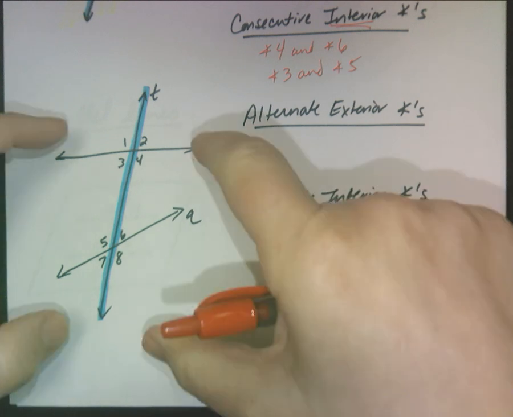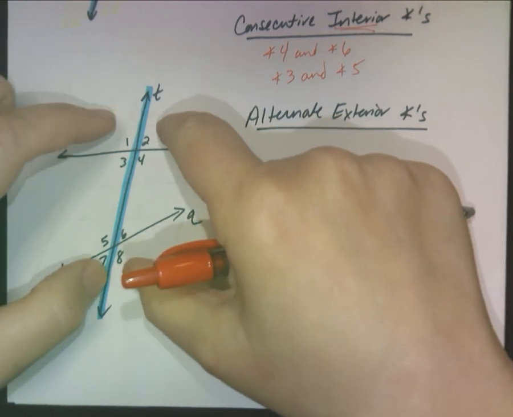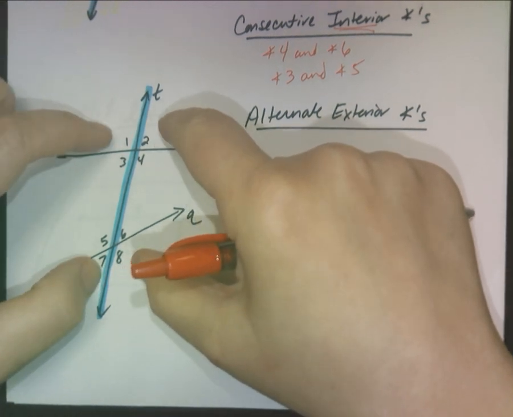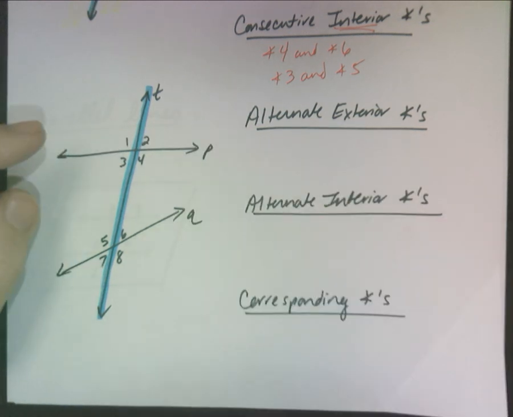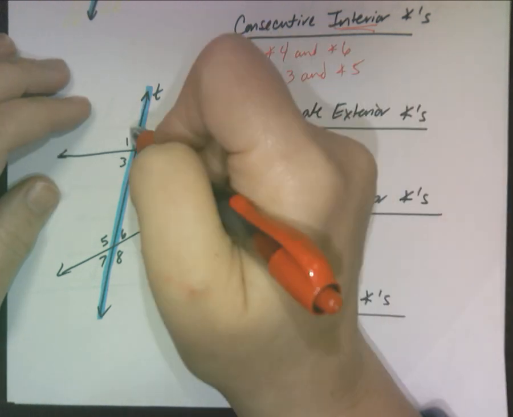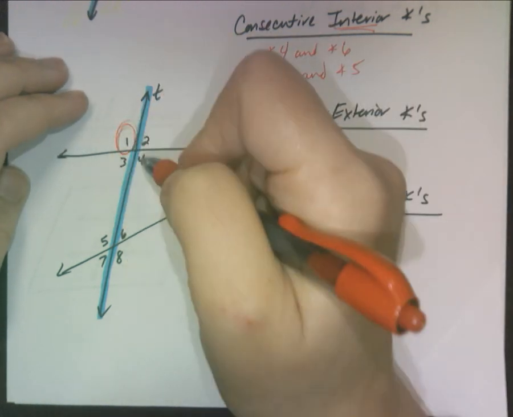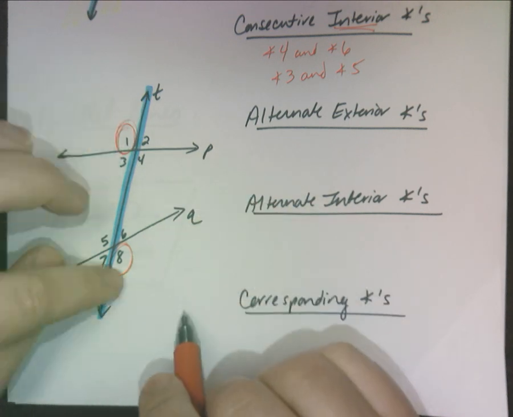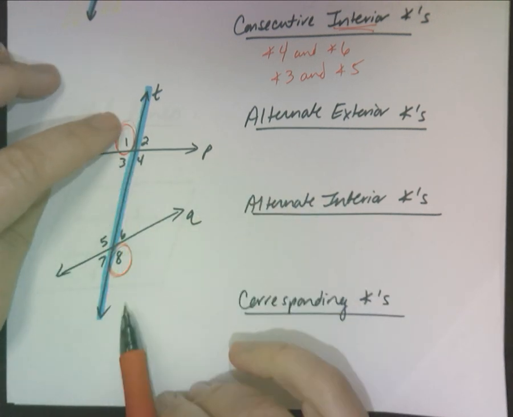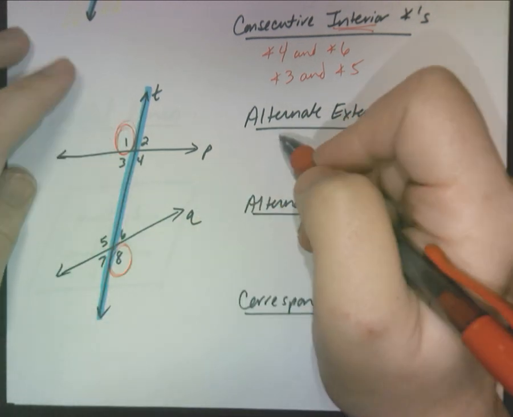Remember, exterior are the ones on the outside, the exterior. So it can only be 1, 2, 7, and 8. But I want them to alternate. So alternating would be the 1 with the 8. They're alternating across the transversal, but they're on the exterior side.